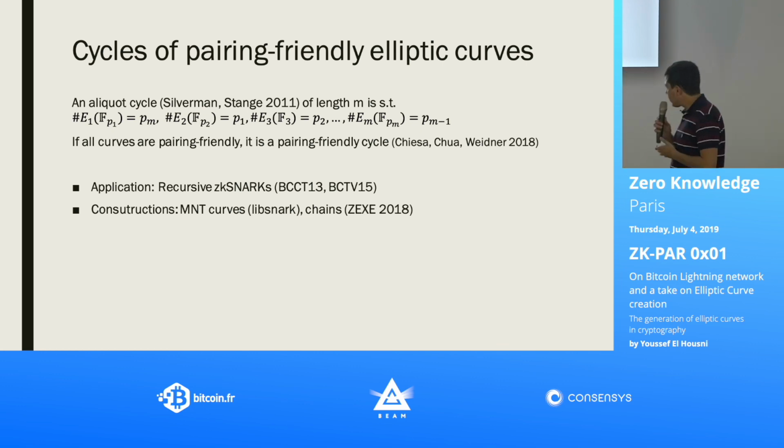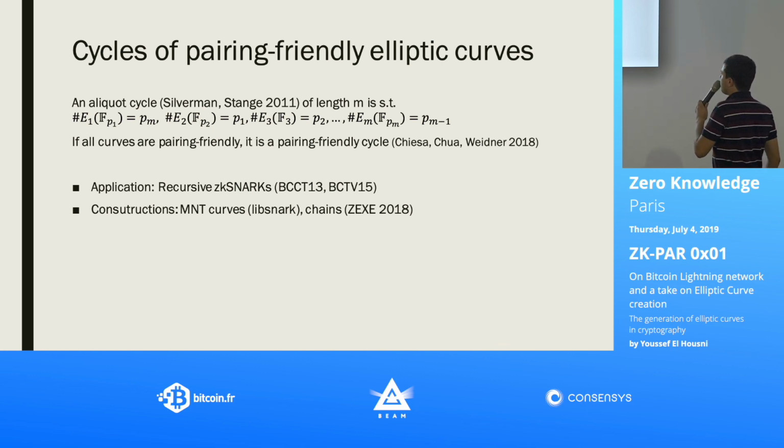A nice use: you cannot use any elliptic curve in a construction that uses pairings, you need pairing-friendly elliptic curves. Zero-knowledge proofs, like zk-SNARKs, use those elliptic curves that are pairing-friendly. And there is a nice project going on, recursive zk-SNARKs, where you do a proof of a proof.